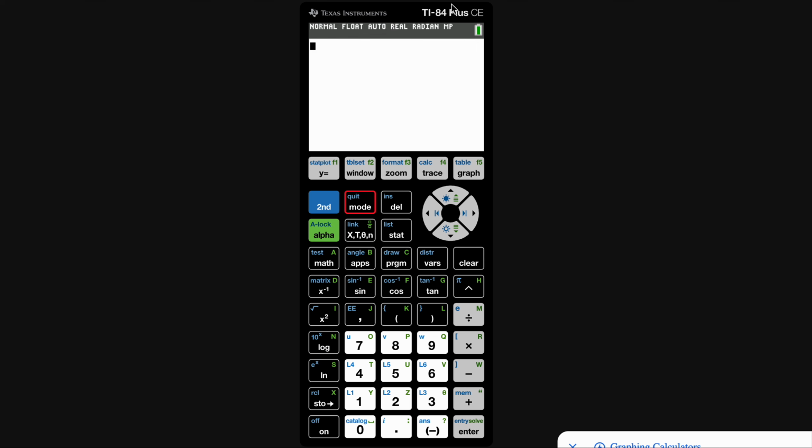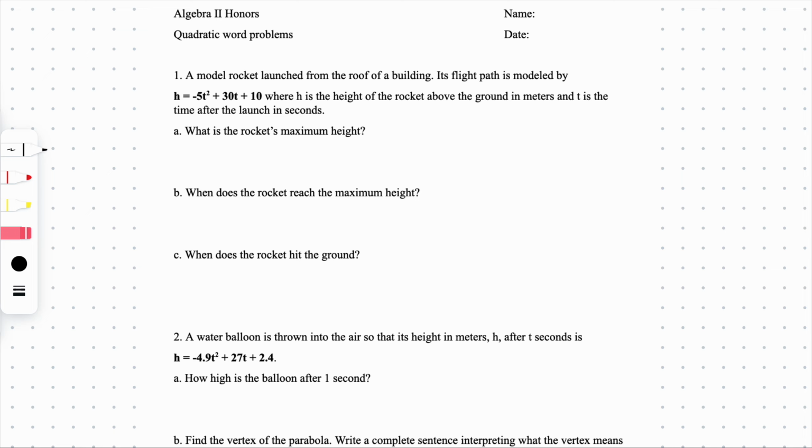So I'm going to go over to my calculator. I'm going to press y equals. And here I'm going to input our equation. So it was negative 5. And here we have h and t as our variables. I want my h to be my y and my t to be my x.